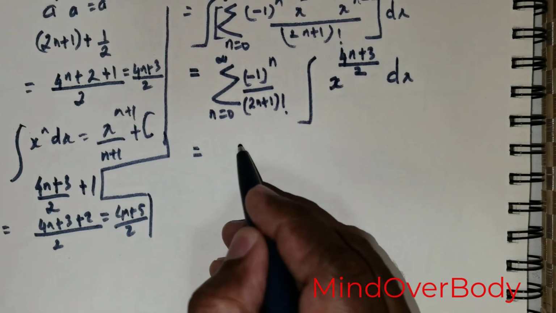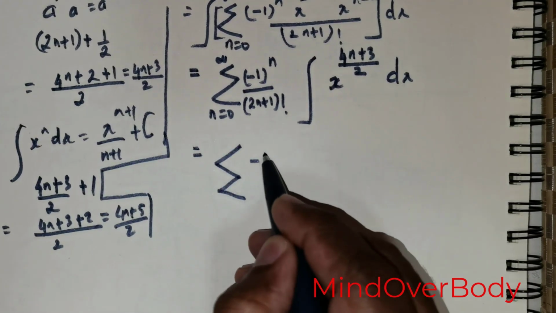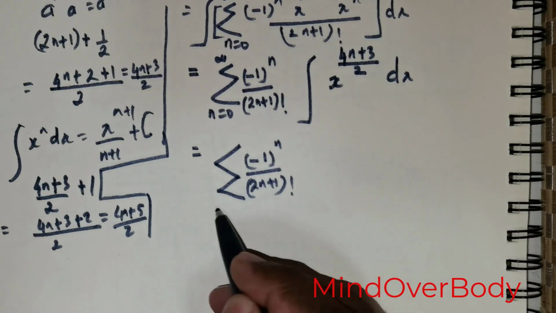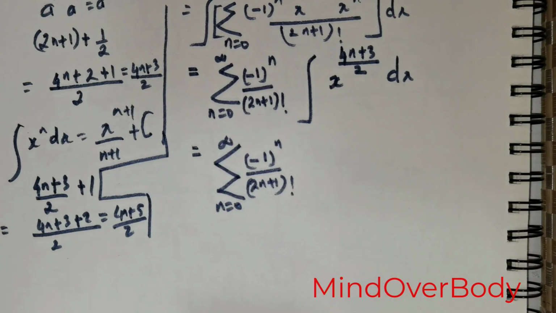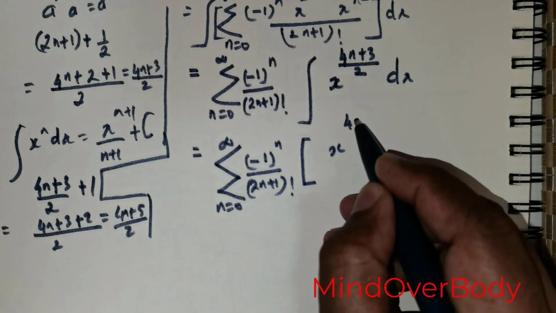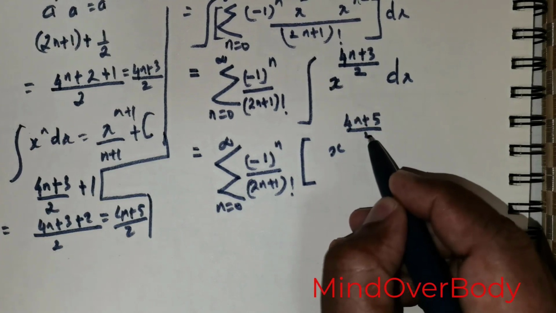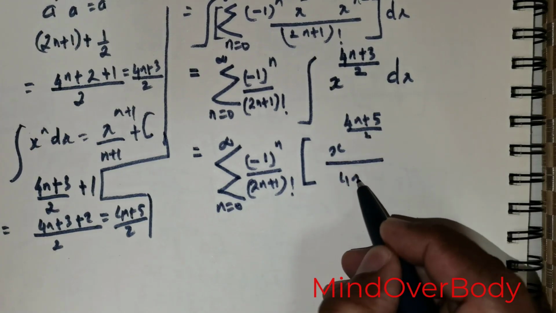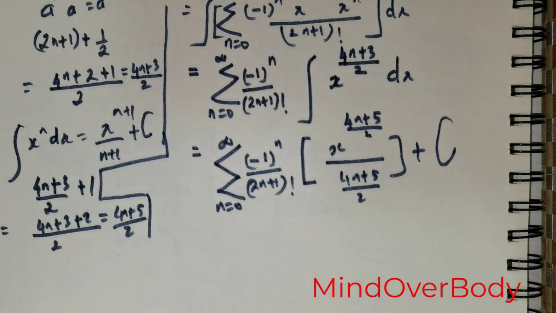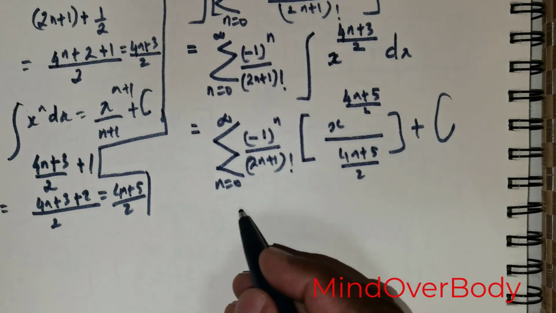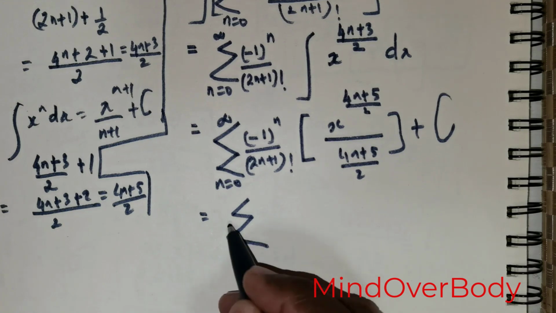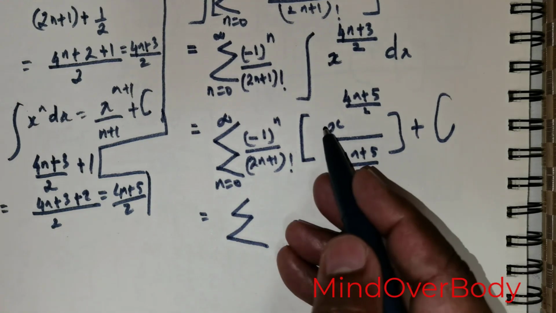So this is equal to sigma negative 1 raised to the power n divided by 2n positive 1 factorial. N is stretching from 0 to infinity. Upon integration, this is going to give me x raised to the power of 4n positive 5 divided by 2 over 4n positive 5 divided by 2. Of course, there is an arbitrary constant c. Now this can be rewritten. I can flip it up and I can rewrite this as sigma, there's going to be a 2 there.